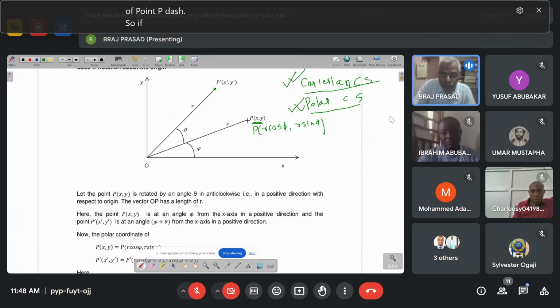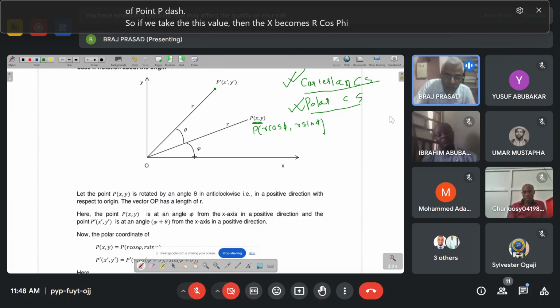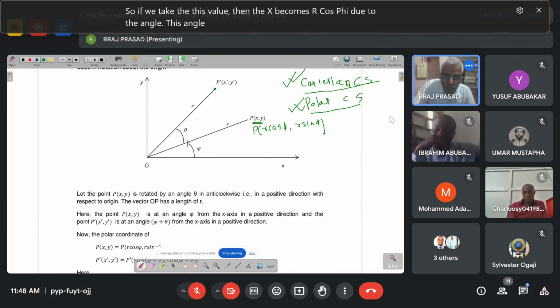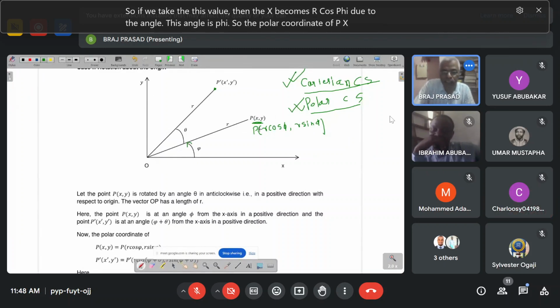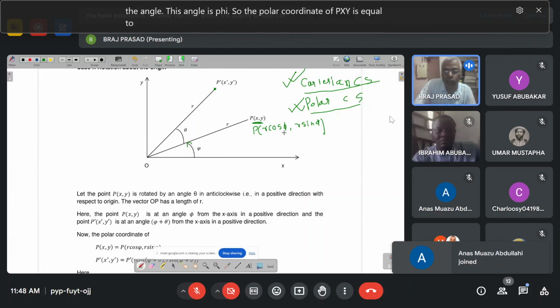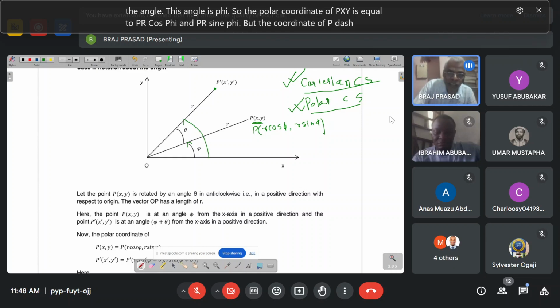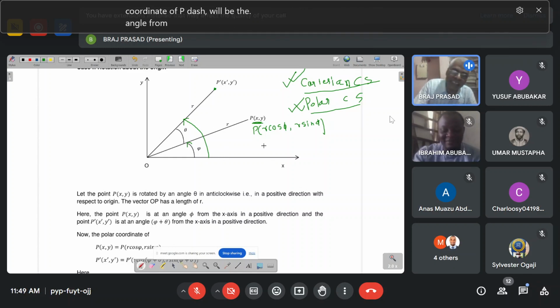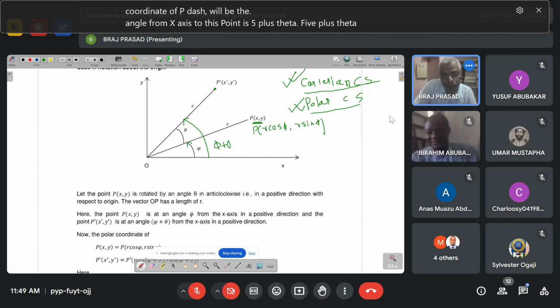If we take this value, then x becomes r cos phi due to the angle. This angle is phi. So the polar coordinate of P(x, y) is (r cos phi, r sin phi). But for P dash, the angle from the x-axis to this point is phi plus theta.